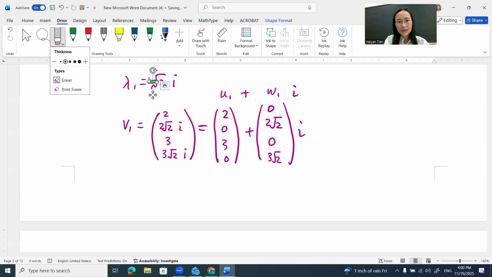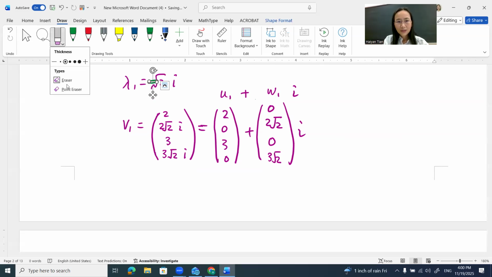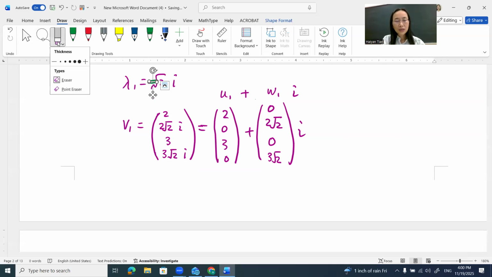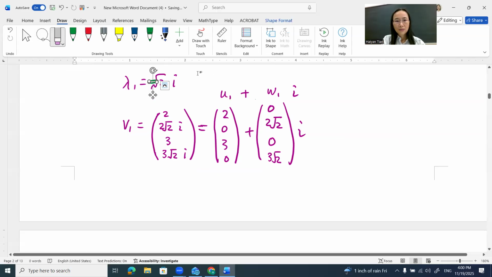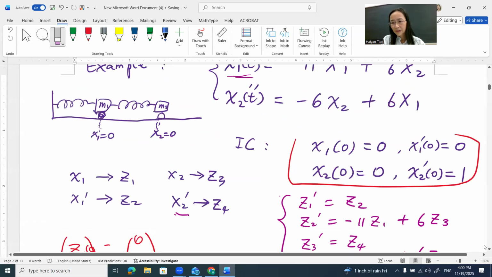The general form is still complete. That means we do not need to use the conjugate. We already have the complex form.